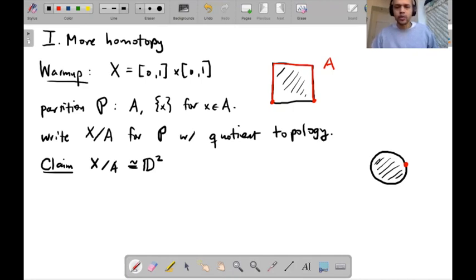So we want to prove this topological equivalence, and we have a standard way of doing this. Proof sketch.